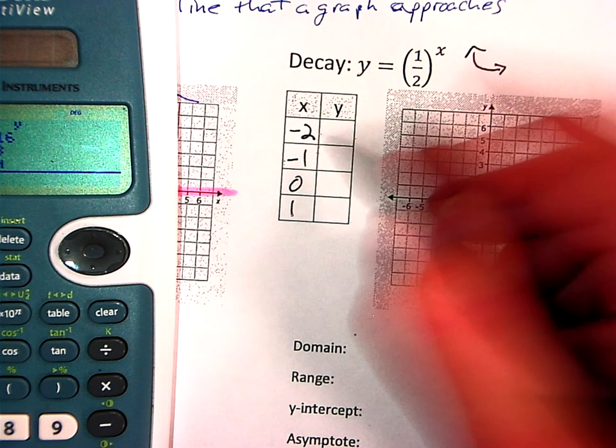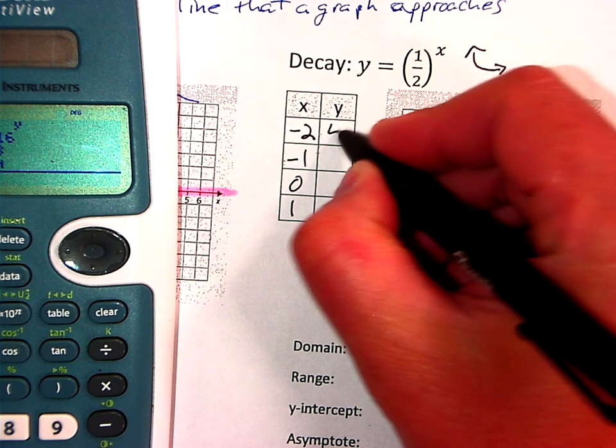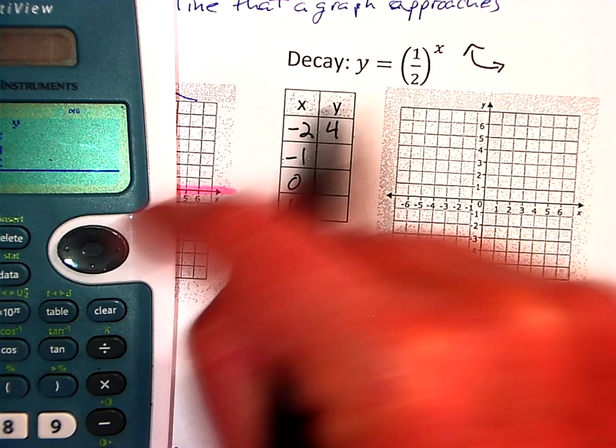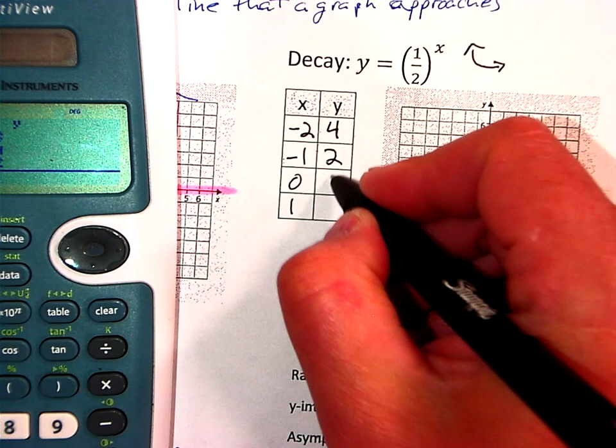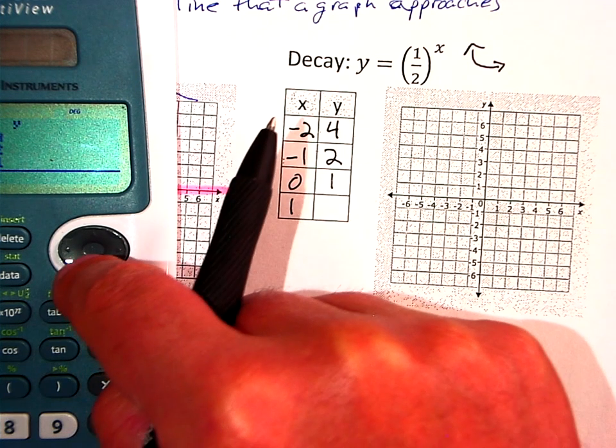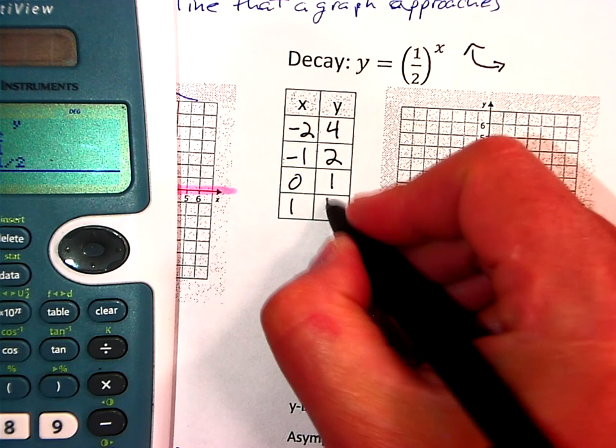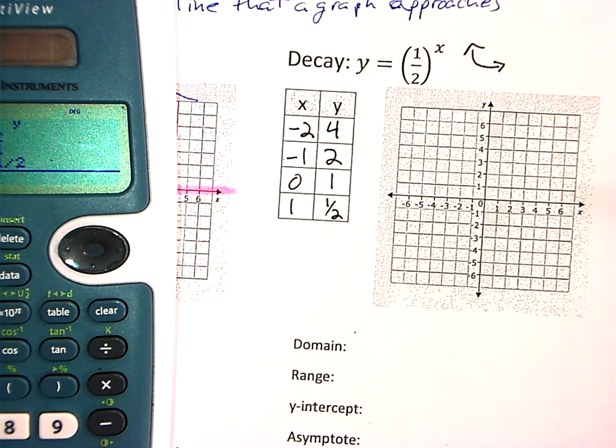So negative 2 was 4, negative 1 was 2, 0 is 1, and 1 is 1/2. If we started with negative 1, it's not the end of the world. All right, so now let's graph those points.